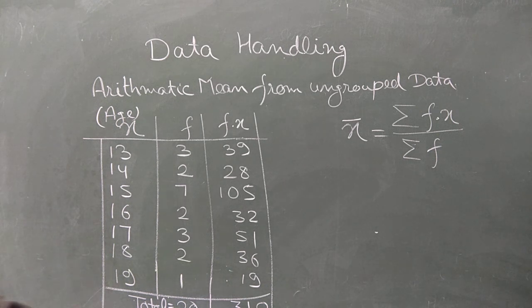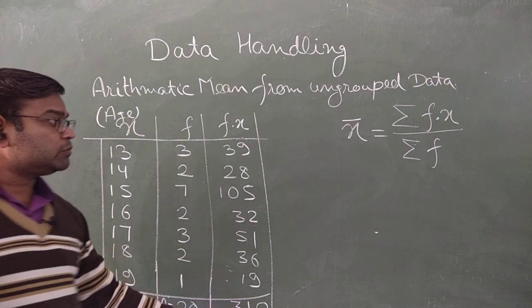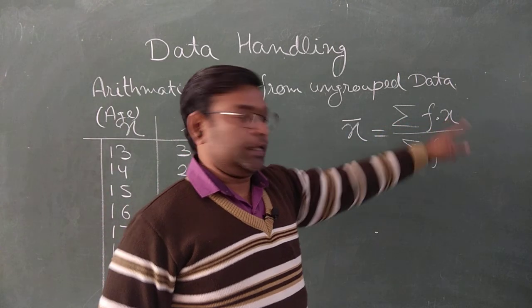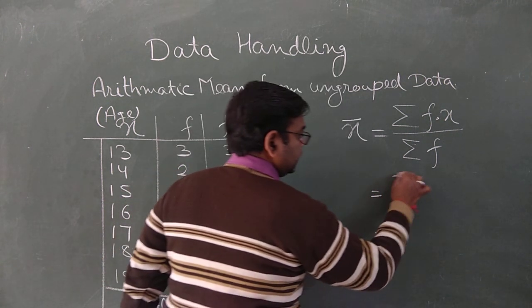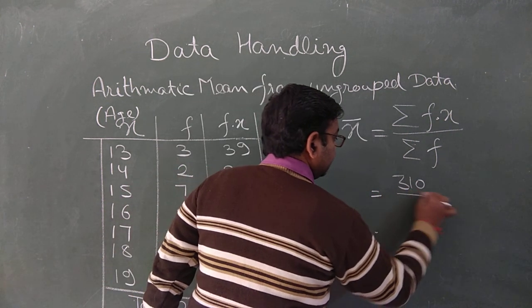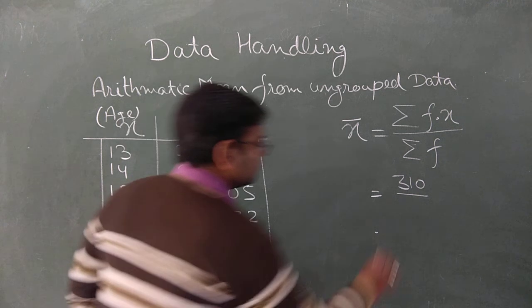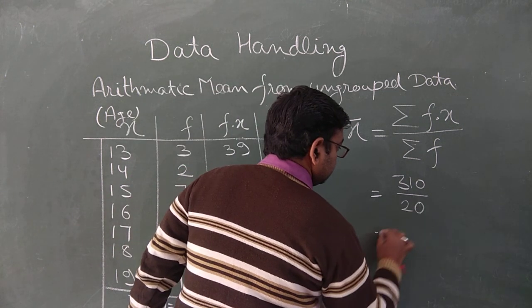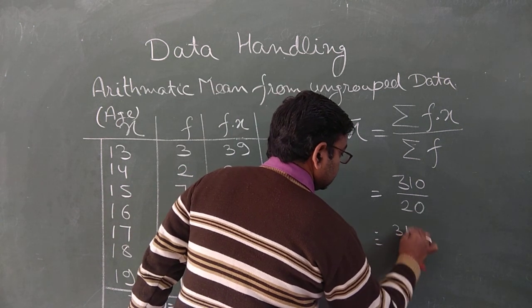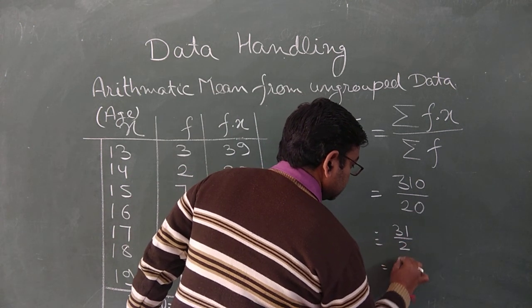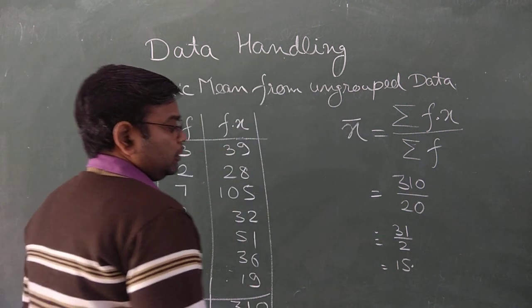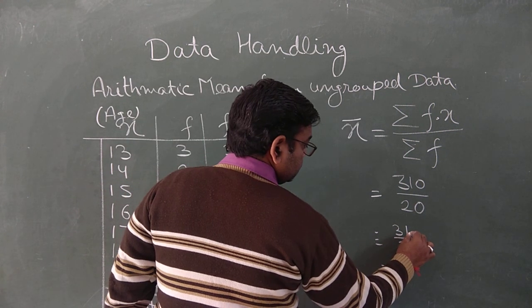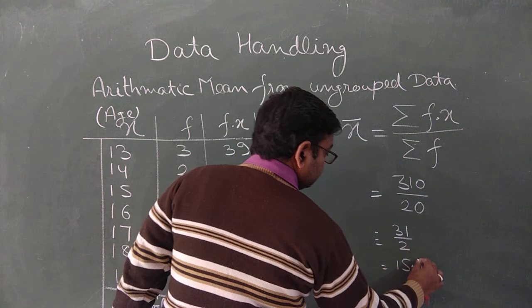So place all these values. This total means the summation of f into x. So we place this one: 310 divided by 20. So what is the output? It is 31 upon 2, which is 15.5.